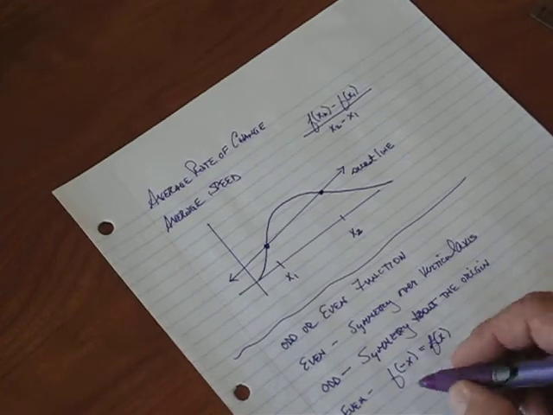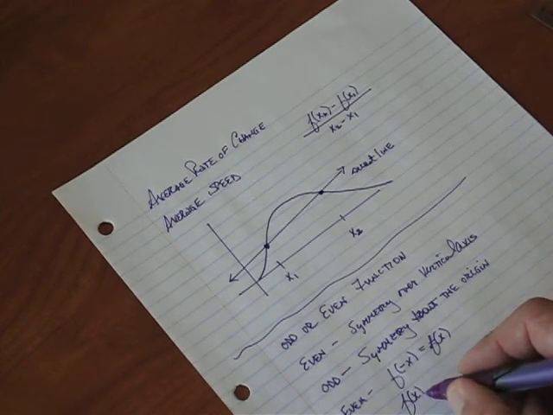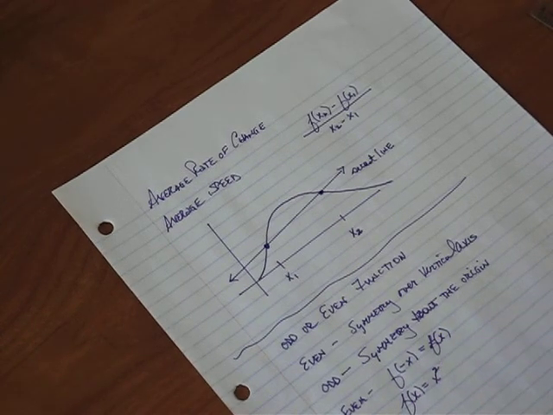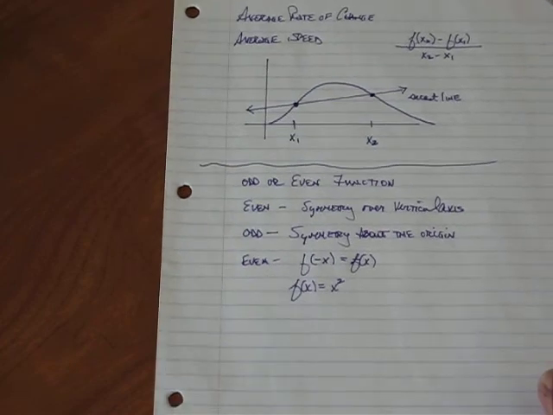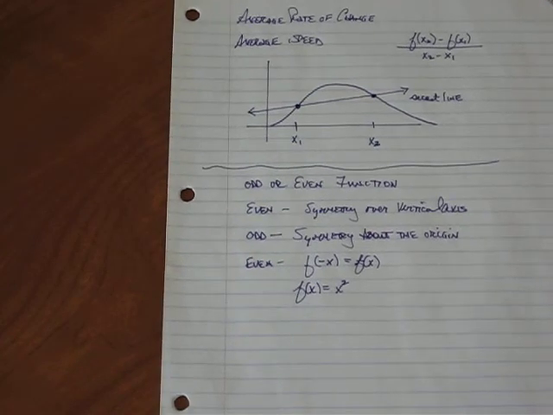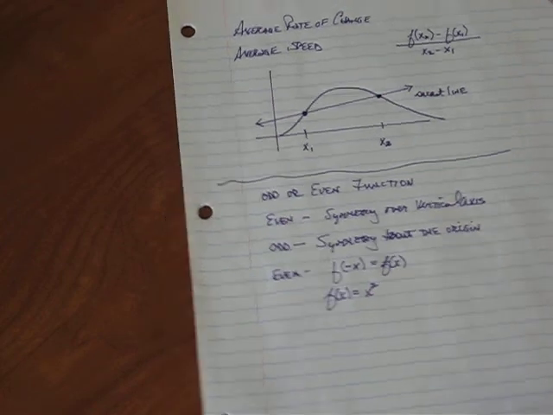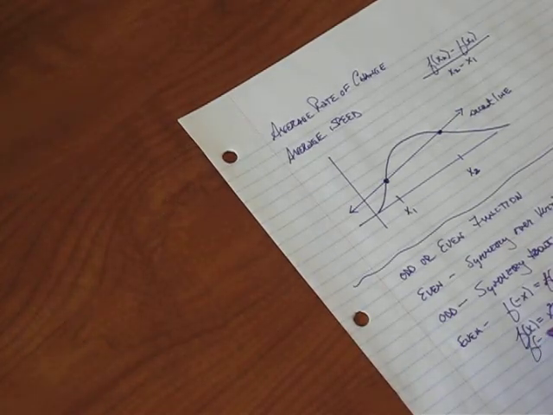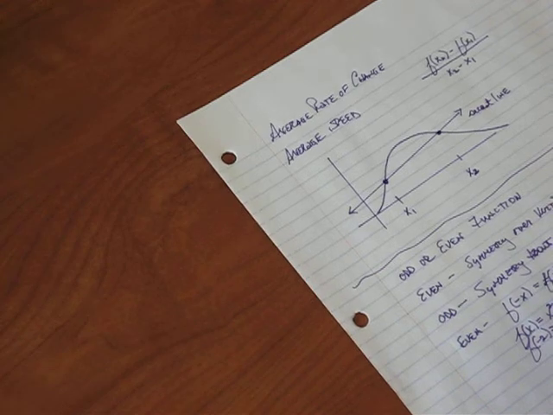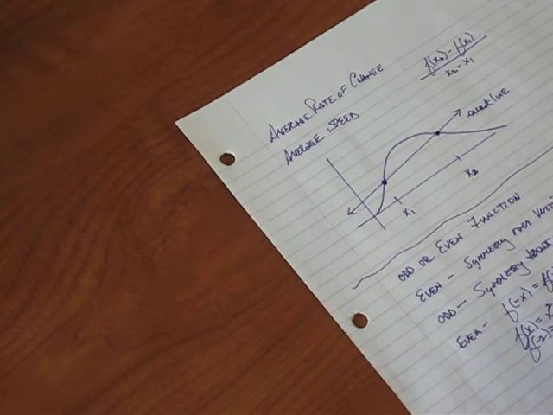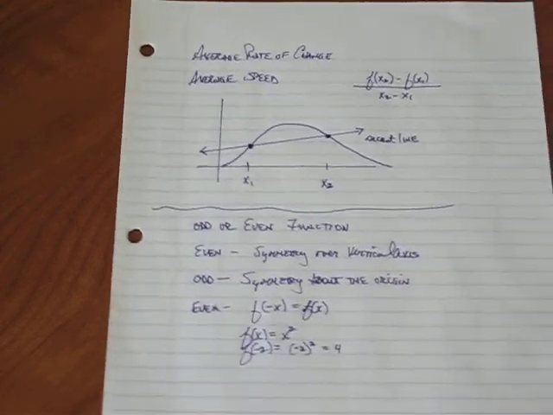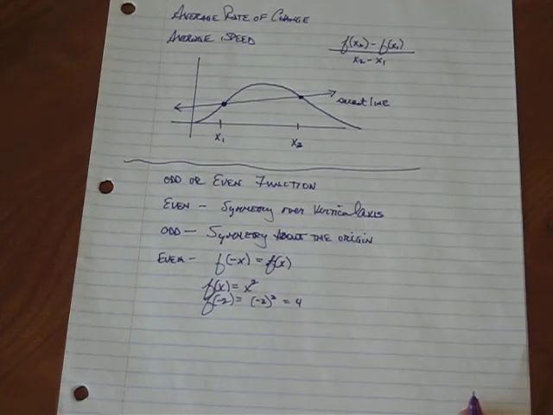An example of that would be a function that looks like x squared. If I plug in negative 2, I get negative 2 squared, which is 4.